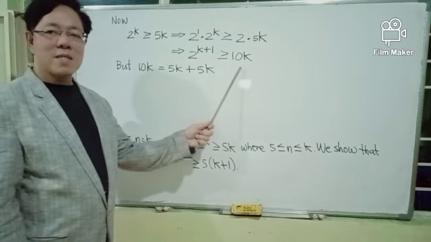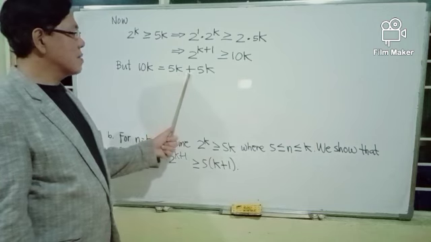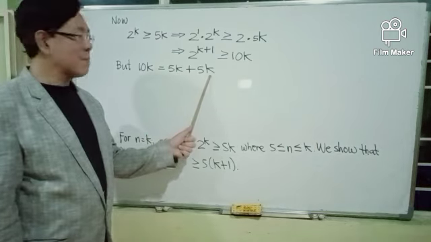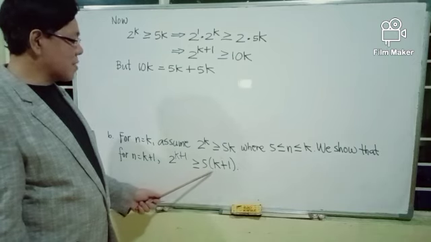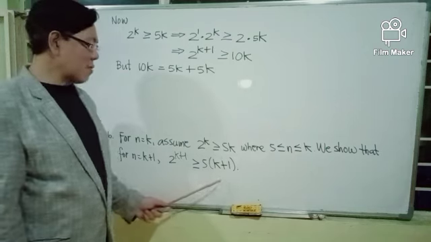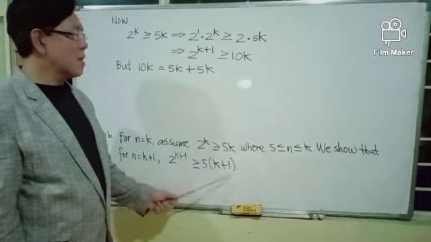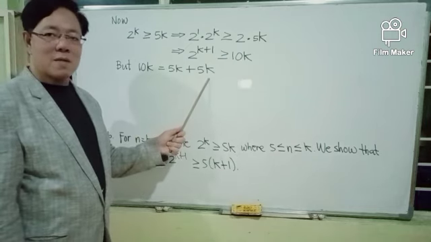Again, I have written 10k as the sum of 5k plus 5k. Now, I want this expression 5 times quantity k plus 1, and this expression is the same as 5k plus 5. But instead of 5, we have 5k here.